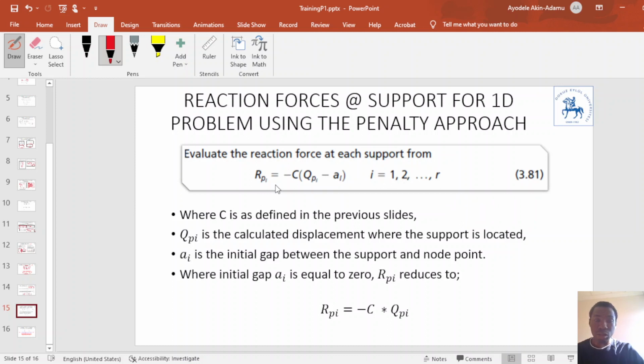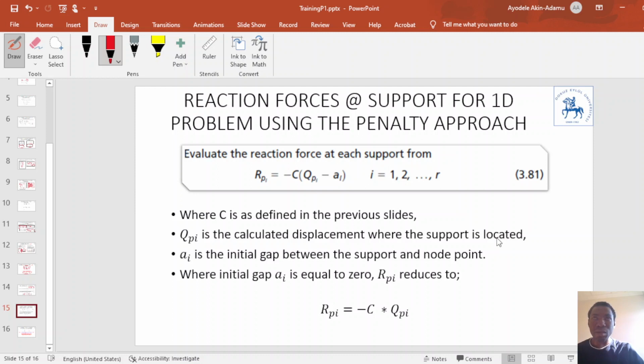So the reaction is given as minus C, open bracket, QPi minus A, where C is defined in my previous slide as a very large stiffness, and we define C as the maximum element in the global stiffness matrix multiplied by 10,000. The QPi is the calculated displacement where the support is located.